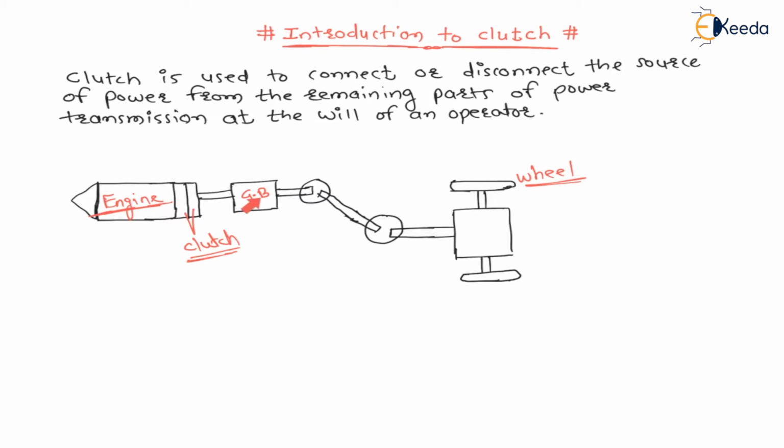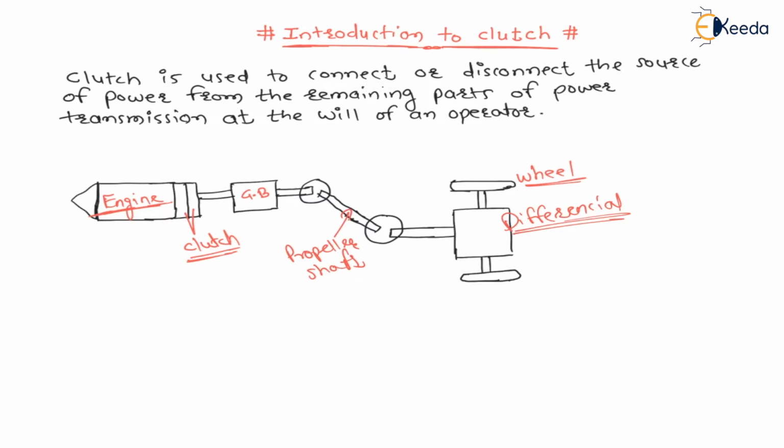From the gearbox the power is transmitted through the propeller shaft. From the propeller shaft power goes to the differential, and from the differential the power goes to the wheels so that the vehicle can move.